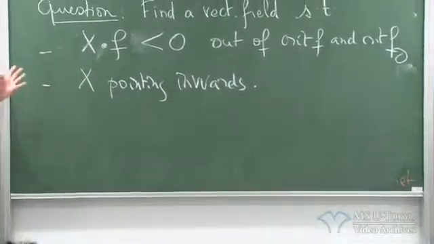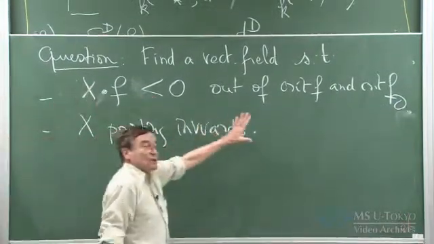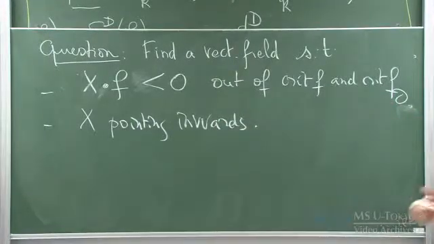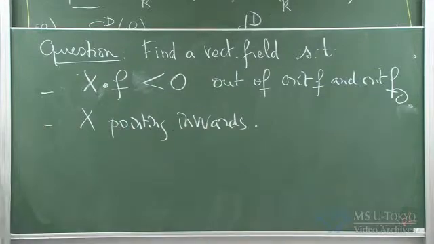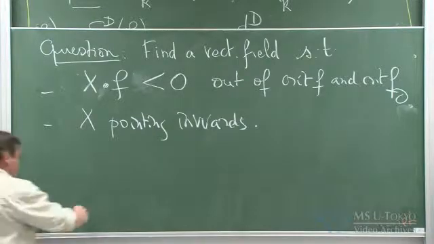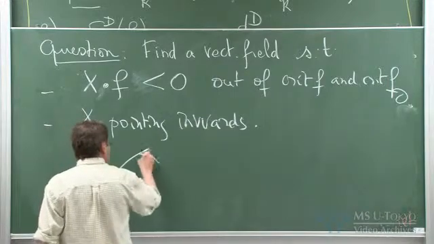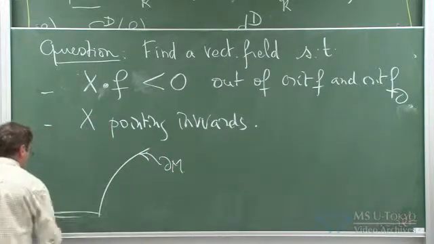Of course, it is a local problem. If you have local solutions of this question, you can combine all the solutions by a partition of unity, and you have a global solution. So you have your boundary, boundary of M. The manifold is here.